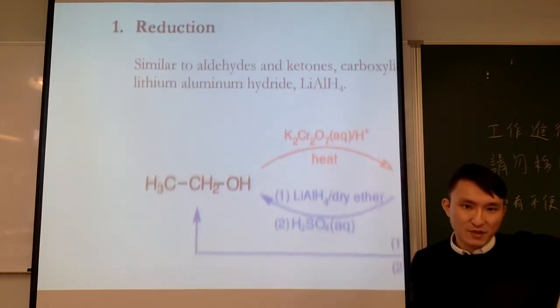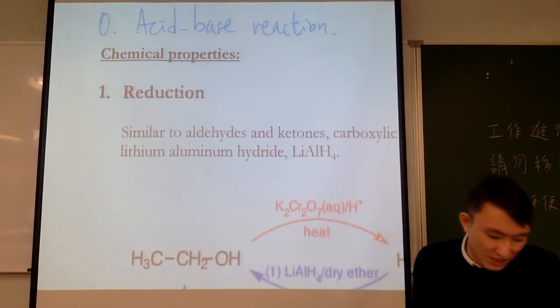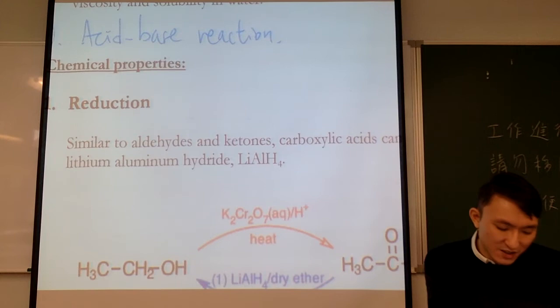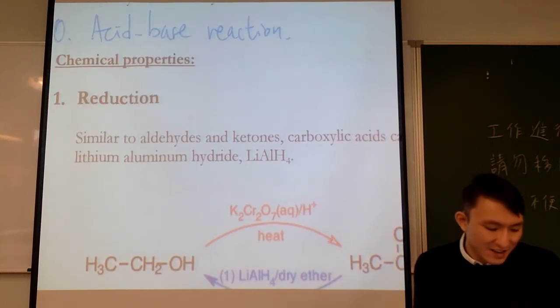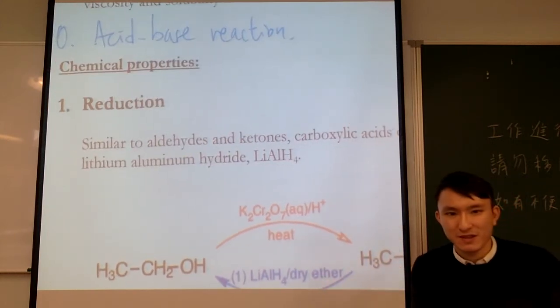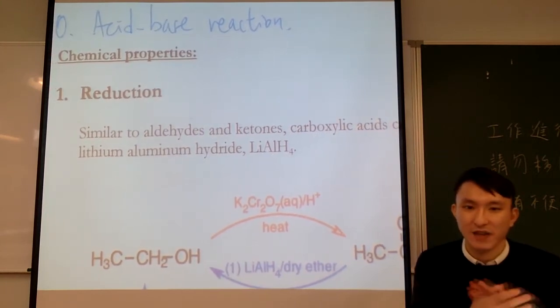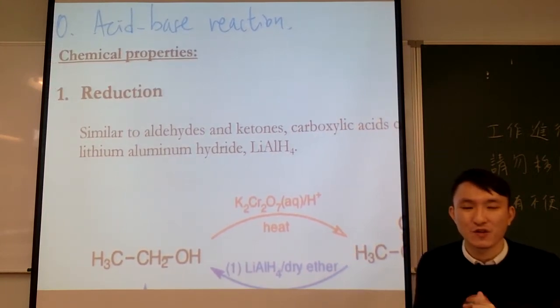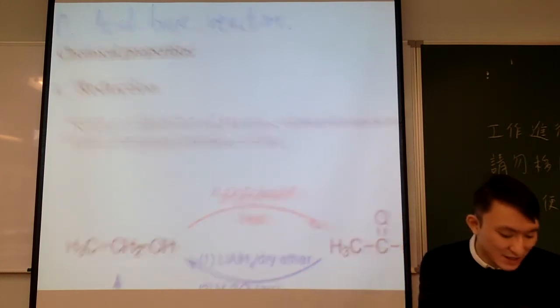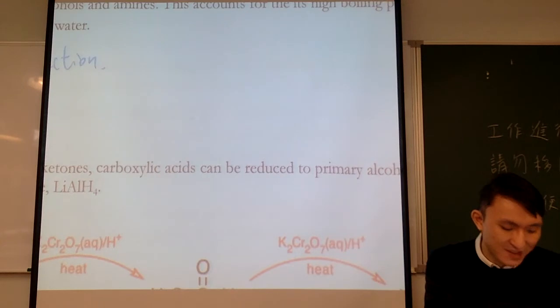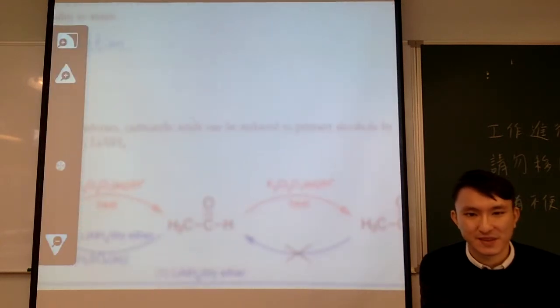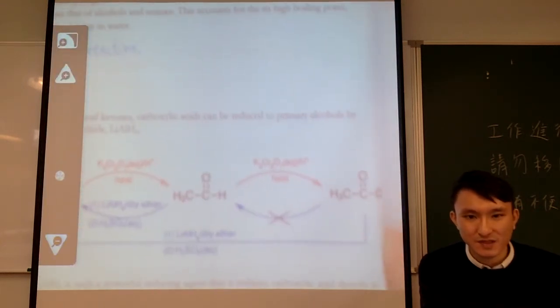Now, the next reaction is reduction. Very similarly, carboxylic acid is formed from the oxidation of alcohol, so of course you can reduce it back to the alcohol. If you look at this diagram, this is something interesting.